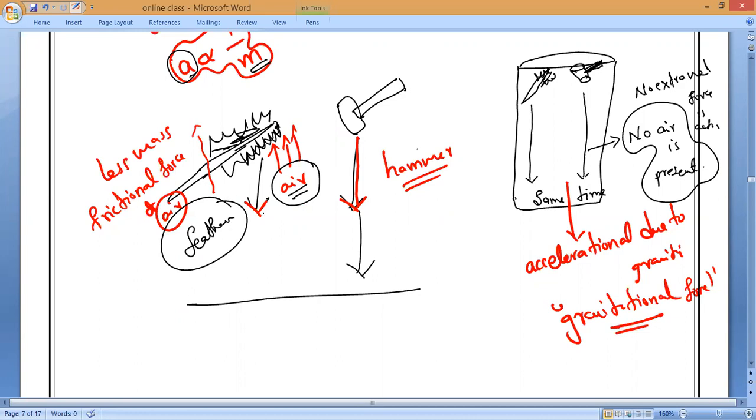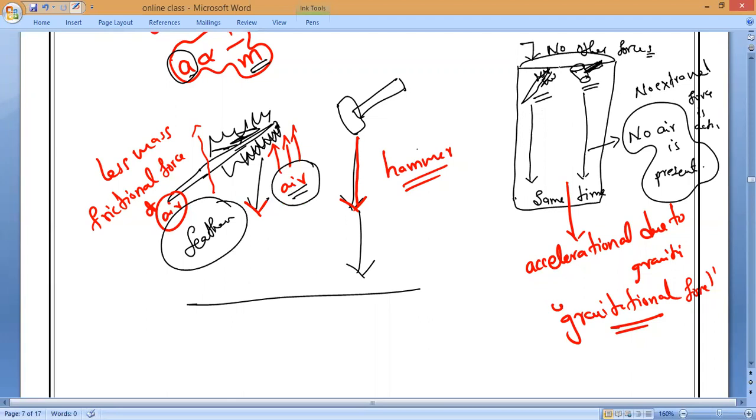Now, if I restrict it, no other external force is acting, meaning in vacuum, if I drop the feather as well as the hammer, then I notice that no other forces are acting.